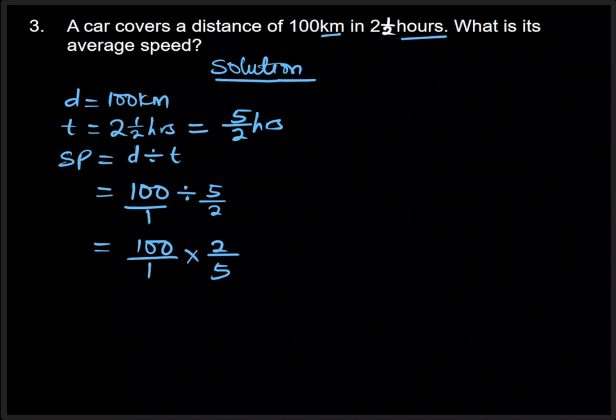Remember how we divide fractions. 5 into 100 is 20, so that gives us 20 times 2, which is 40. Our speed is going to be 40 kilometers per hour. Since kilometers is divided by hours, it gives us kilometers per hour.